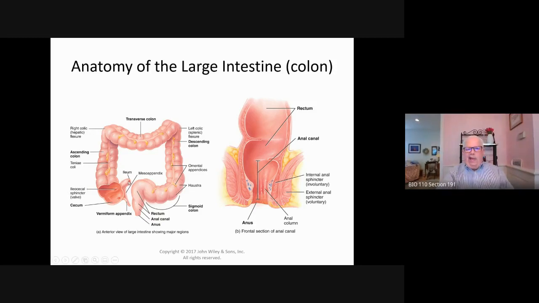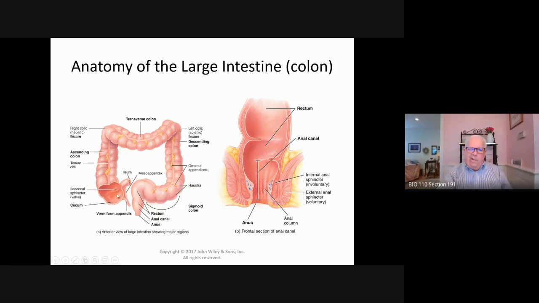The distal end of the small intestine is called the ileum. Duodenum, jejunum, ileum. The beginning of the large intestine is called the cecum. The valve that regulates small intestine chyme into the large intestine is called the ileocecal sphincter.